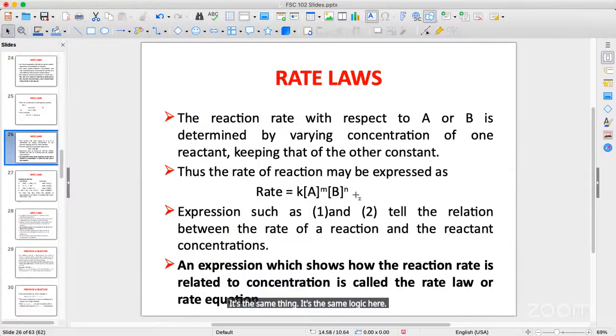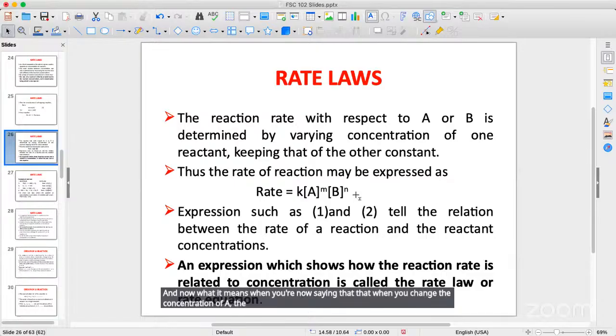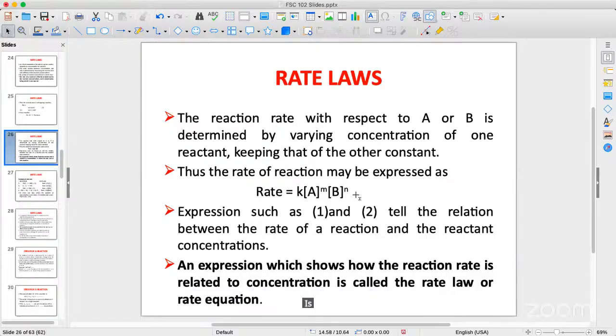If you have a step in the reaction that is slow, it doesn't matter how fast all of the other steps are, that slowest step will slow everything down because you need to wait for it. That is what will determine the overall rate of reaction. And now, what it means when you say that A is zero order, that when you change the concentration of A the rate does not change, is that A is not present at that slowest step.